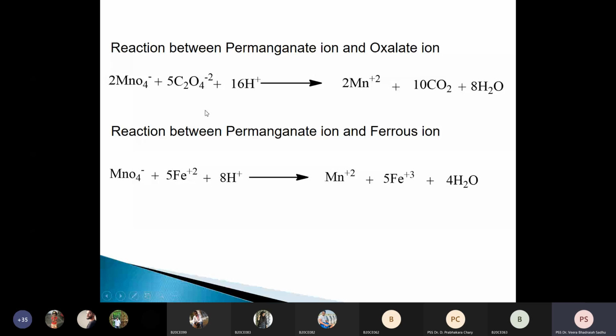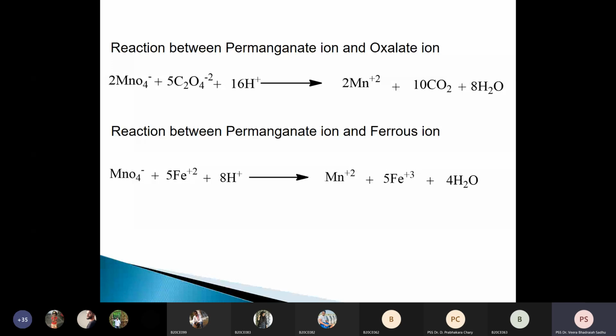Basically, in the above reaction, KMnO4 and the oxalate, it's a slow reaction. So in order to make it faster, we slightly heat up the solution. You pipette out oxalic acid and add nearly 5 ml of sulfuric acid, and you heat it to 60 degrees centigrade, and you take out the conical flask.